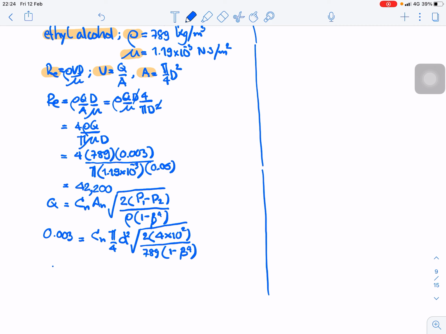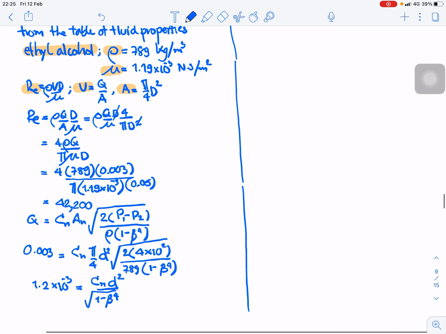Okay, and we can reduce to this number, with Cn as the nozzle coefficient.